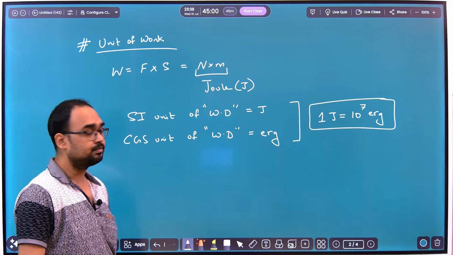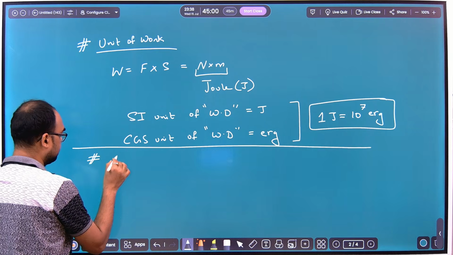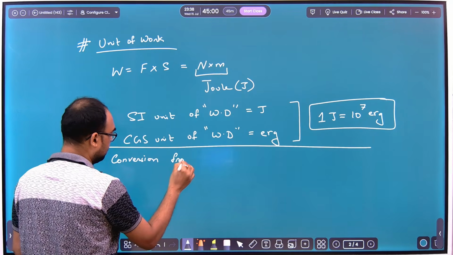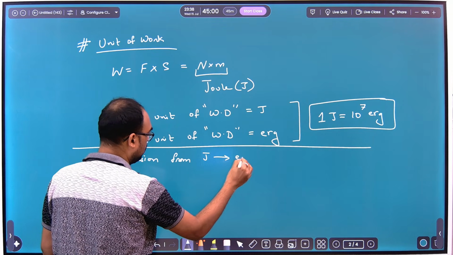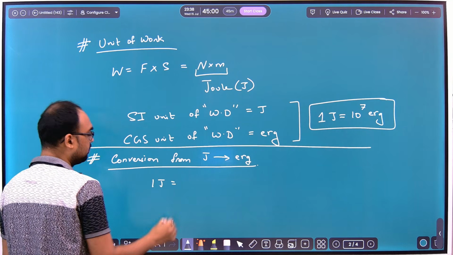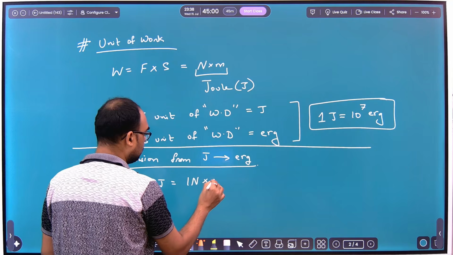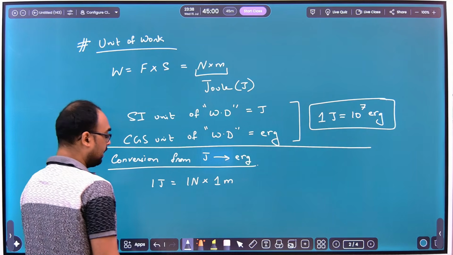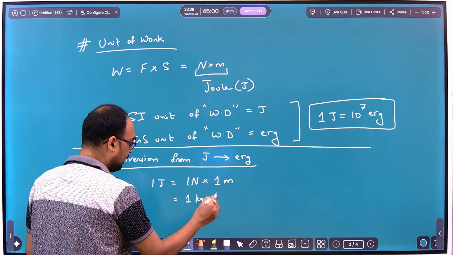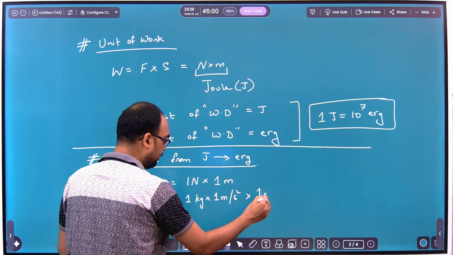Now how does this come? Let's do the conversion from joule to erg. So 1 joule is 1 Newton into 1 meter, and 1 Newton is 1 kg into 1 meter per second square, and this meter is 1 meter.